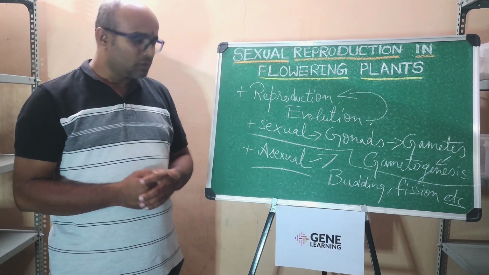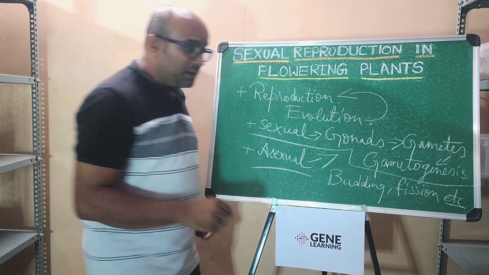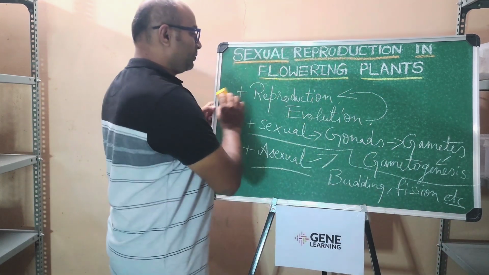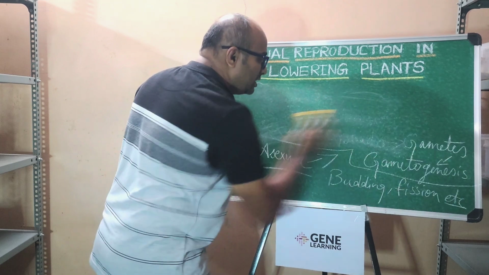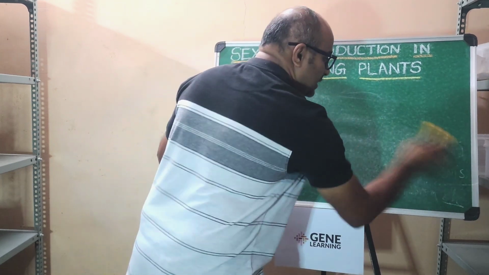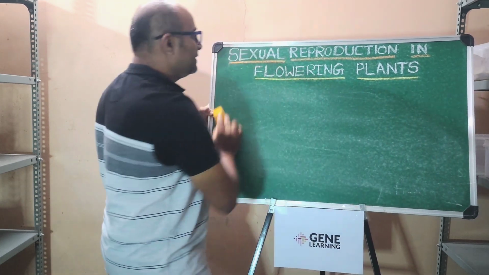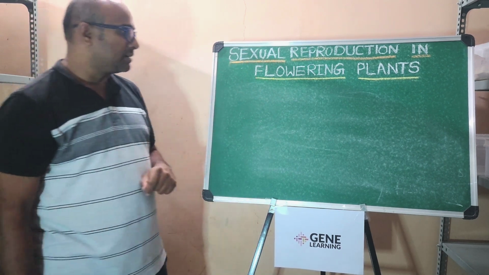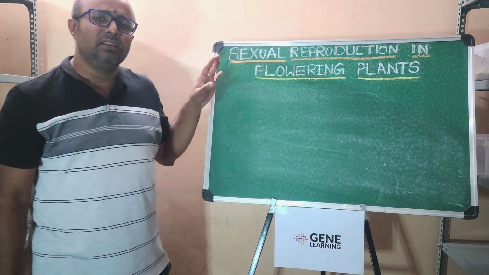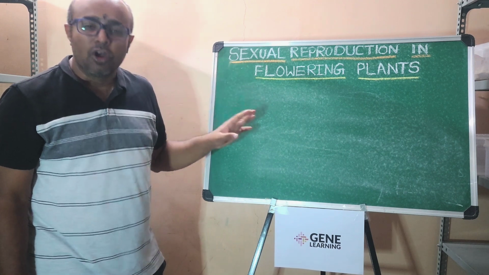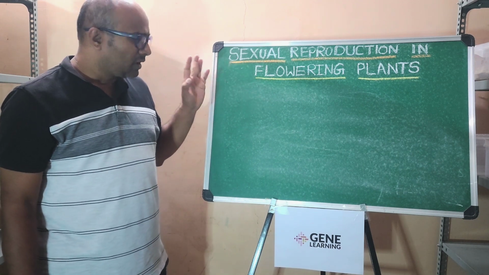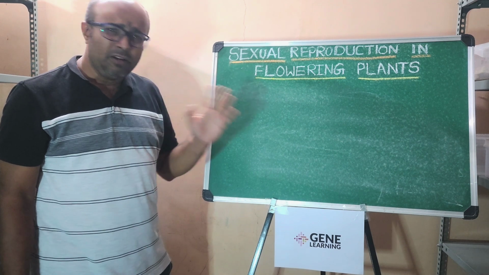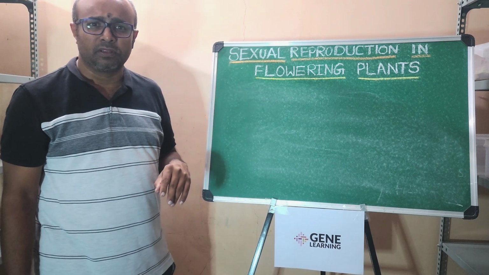Now coming to the main topic, that is sexual reproduction in flowering plants. Here in this topic, we have to talk about five different subtopics.